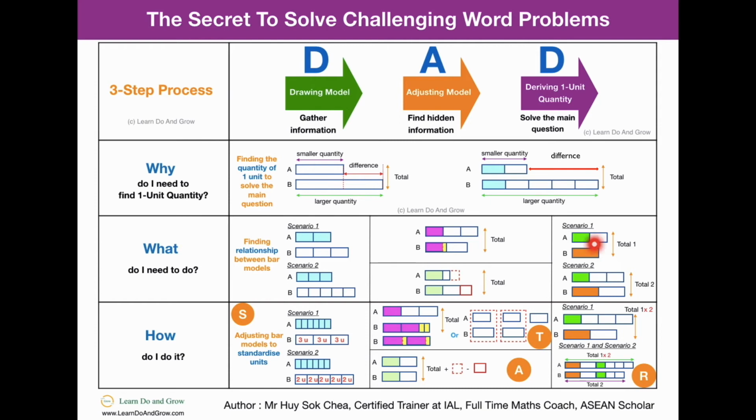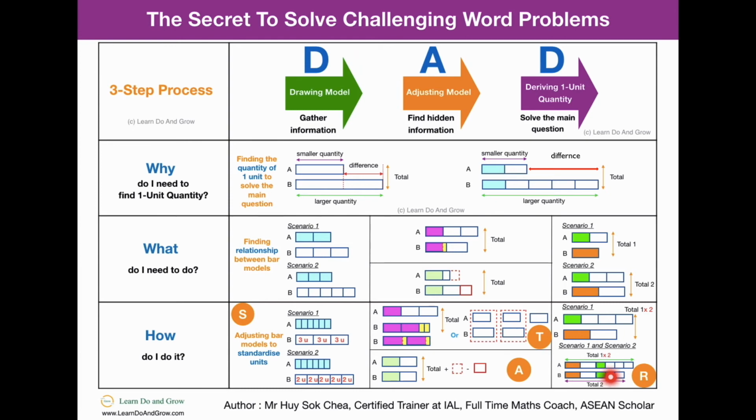So I take scenario 1, I times 2. So what happened is this. The moment I times scenario 1 by 2, this is how it looks like. I have 2 over here, and over here I times 2, I have 4. And the total I need to times 2, because everything increased by 2 times. And from over here, I compare scenario 1 and scenario 2.